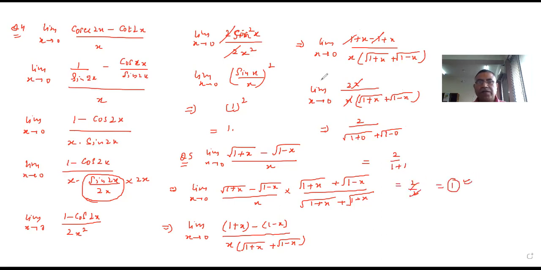This is the answer. Here you have to apply the rationalization, because when you substitute the value of x here, the denominator becomes 0 and the function becomes undefined. So we have to remove this 0 from the function. That is the reason I did rationalization and solved.